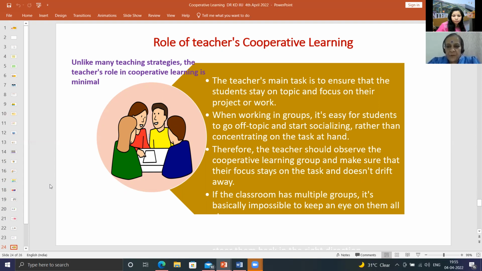When working in a group, it's very easy for a student to go off topic and start socializing rather than concentrating on the task at hand. Therefore, the teacher should observe the cooperative learning group and make sure their focus stays on the task and doesn't drift away. If the classroom has multiple groups, it is basically impossible to keep an eye on them all.